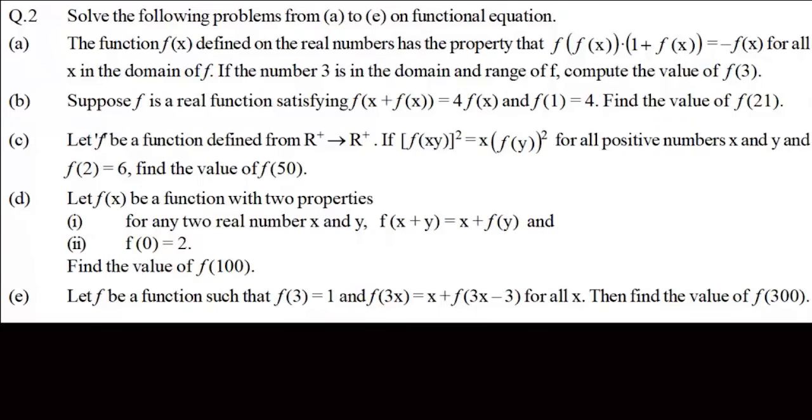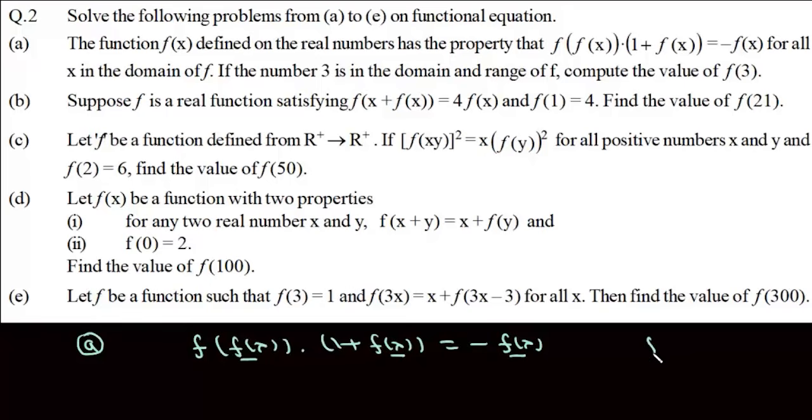Now here we have some questions. Starting with A, we are given that a function f(x) is defined on real numbers which has this property: f(f(x))(1 + f(x)) = -f(x) for all x in the domain of f. If the number 3 is in the domain and range of f, compute the value of f(3). In this, what I see is f(x) everywhere, so I'll take f(x) as x and substitute.